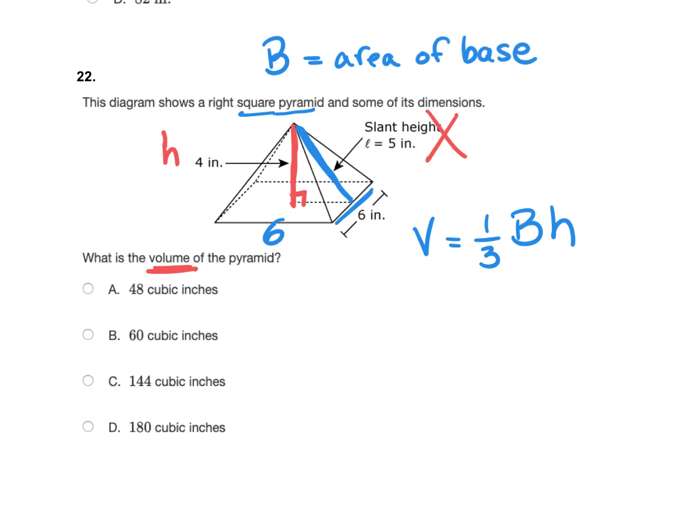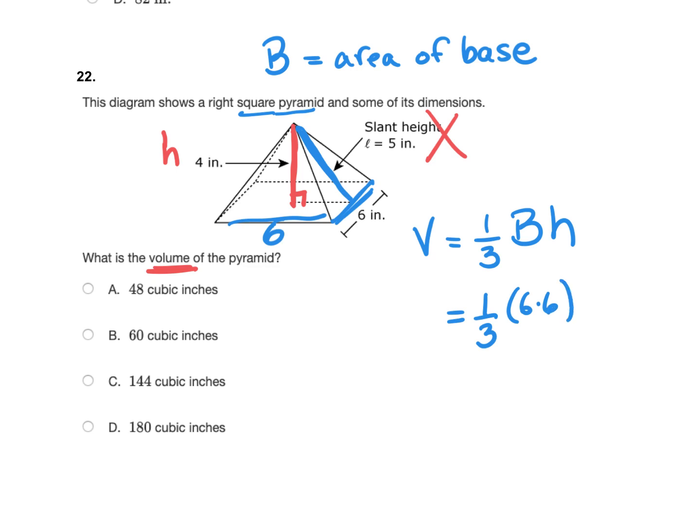Now, my base we determined is this square. The area of a square is just the length times the width, or the side squared, which is the same as 6 times 6. That is the capital B.